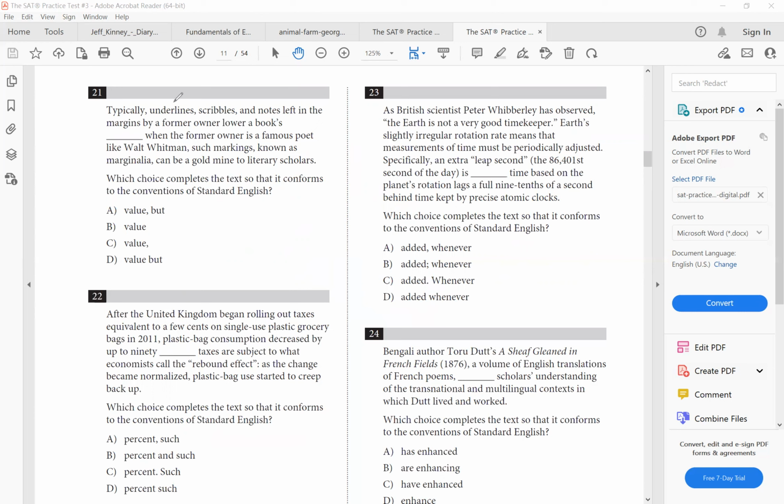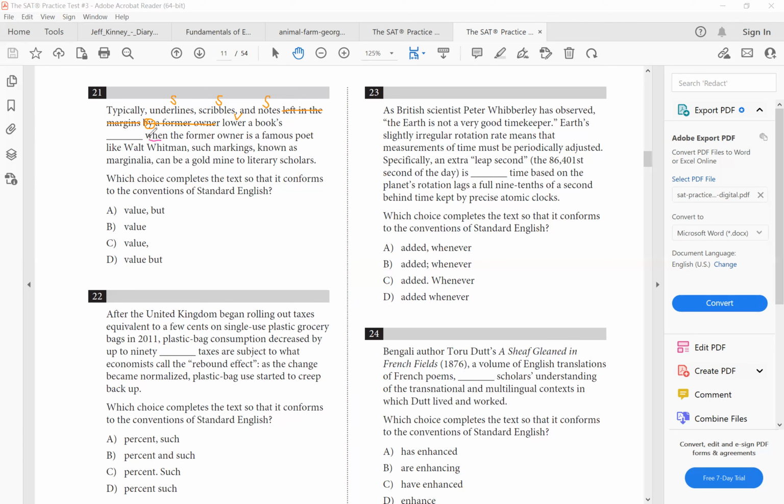So typically, underlines, scribbles, and notes, compound subject, left in the margins. This is a participle phrase. Remember, this is not a verb, so don't confuse it with a verb. Cross out by a former owner, that is a prepositional phrase, and the verb is lower a book's value. So we have a complete sentence here. All right.